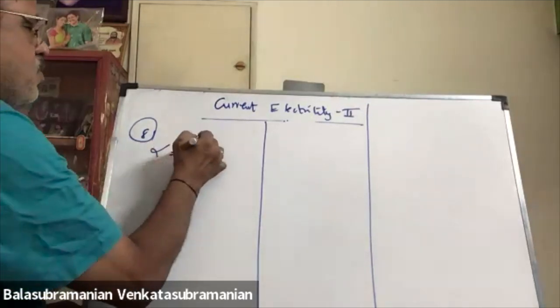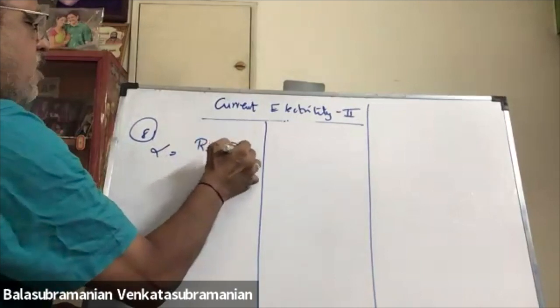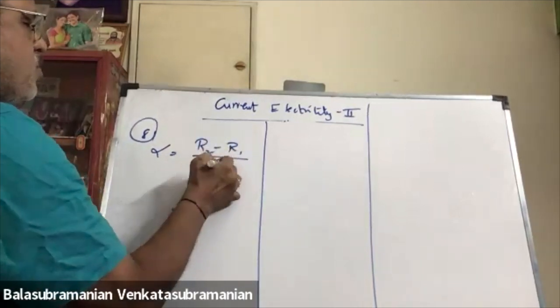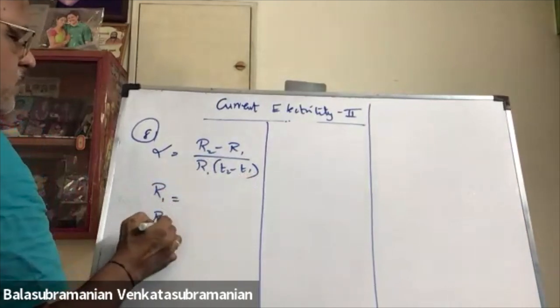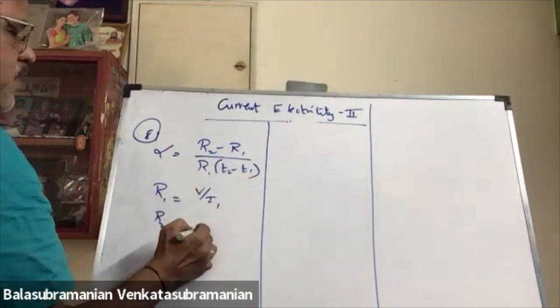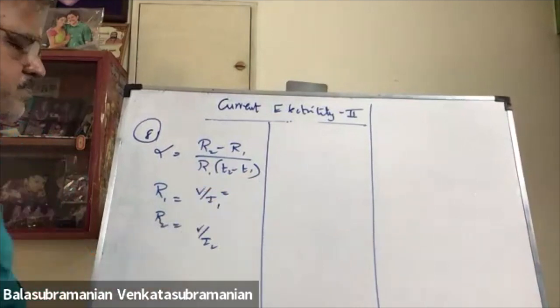Alpha is equal to R2 minus R1 by R1 into T2 minus T1. R1 and R2 you have to calculate: V by I1, V by I2.